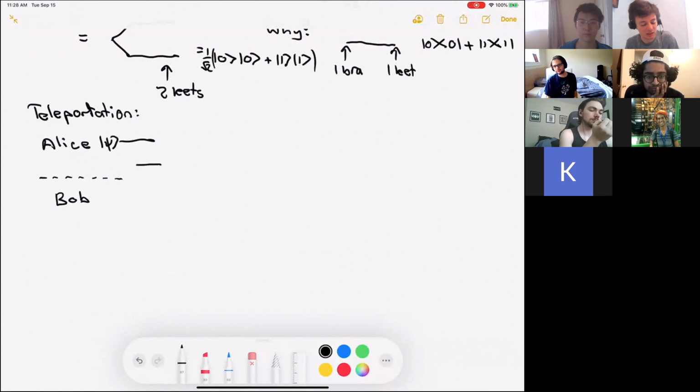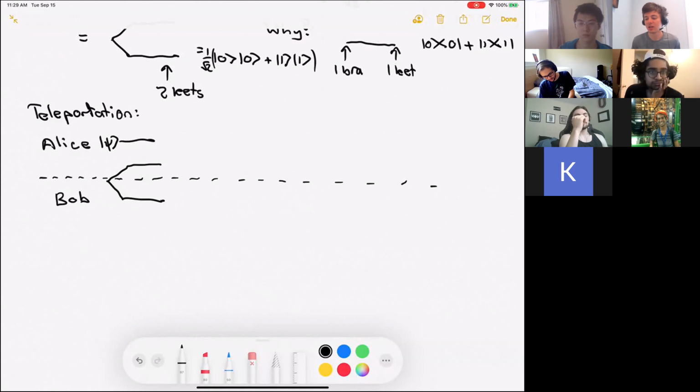So one of the 2 qubits in the Bell pair is held by Alice and one is held by Bob. Okay, and now we want to do a circuit where we're going to end up with Bob having a qubit in state psi, okay? And I claim that in fact you can do this by only sending 2 classical bits from Alice to Bob, which is really quite crazy, and it's amazing that it's possible. And the circuit that's going to do this is really quite simple.